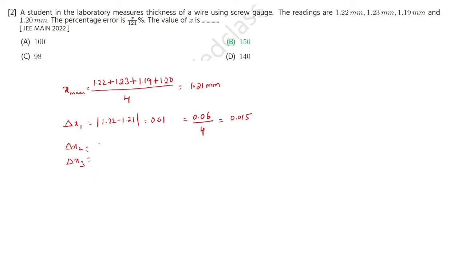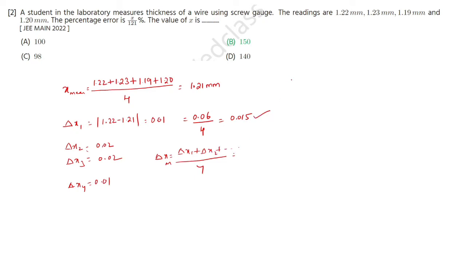So the corresponding values will be 0.02, 0.02, and even delta x4 value we will get it as 0.01. Right, again if you take delta x mean, that is delta x1 plus delta x2 plus and so on divided by 4, you will get the value as 0.015.